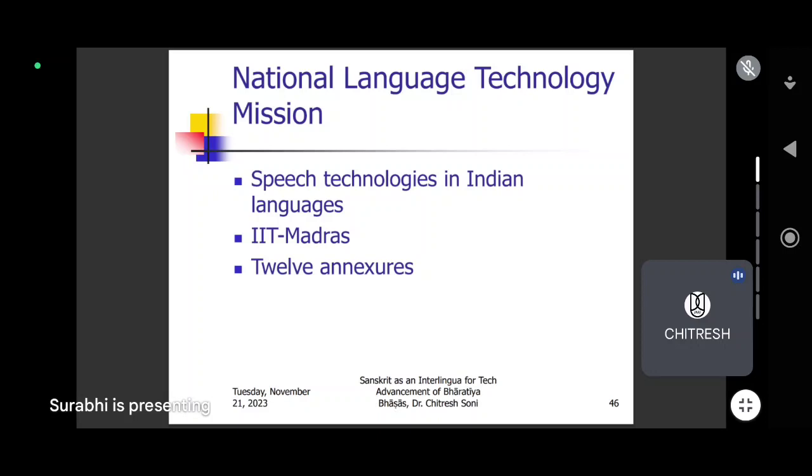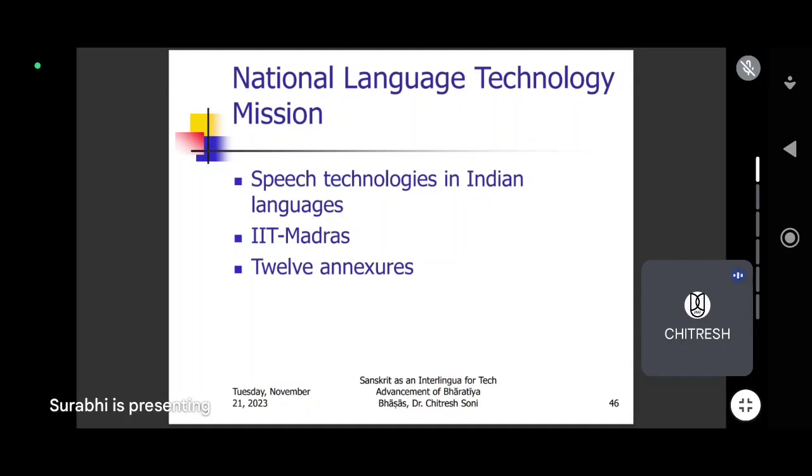Then spoken language identification is the seventh. ASR for extremely low resource Indic languages is the eighth. Annexure ninth is an end-to-end spoken keyword detection system in 9 Indian languages and its application in healthcare information dissemination. Annexure 10 is prosody modeling. Annexure 11 is assistive speech technologies. And Annexure 12 is speech quality control for all the data collected.